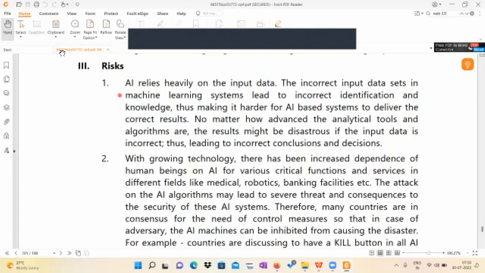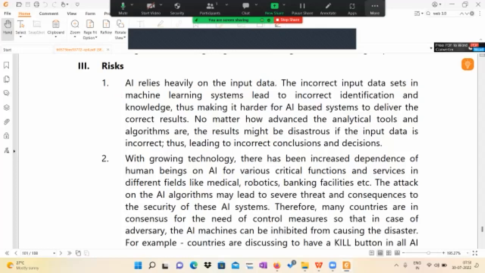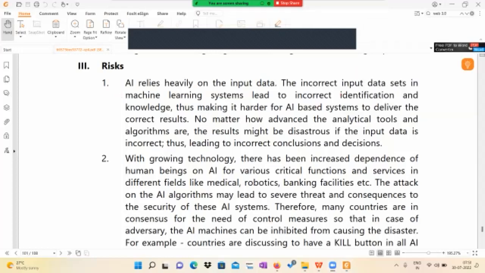The more accurate the input data, the more accurate the result will be. Otherwise, there will be a wrong result, and the users may also suffer because of that.